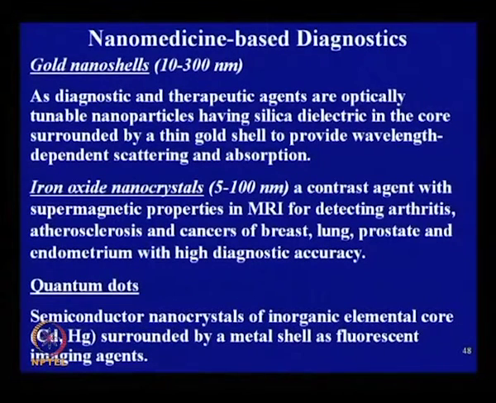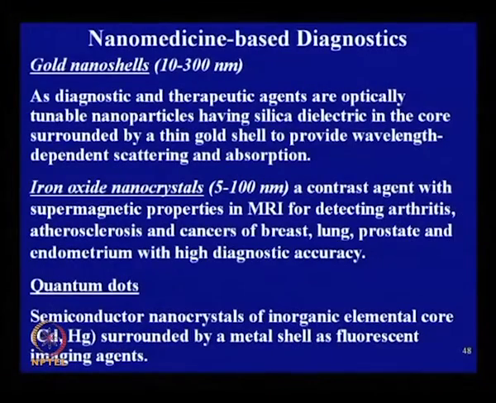If there is some arthritic problem, pain in the bone and the joints, etc., doctors prescribe an MRI test. Also atherosclerosis and cancers of breast, lung, prostate and endometrium with high diagnostic accuracy. So, here the nanomaterial is iron oxide nanocrystals.